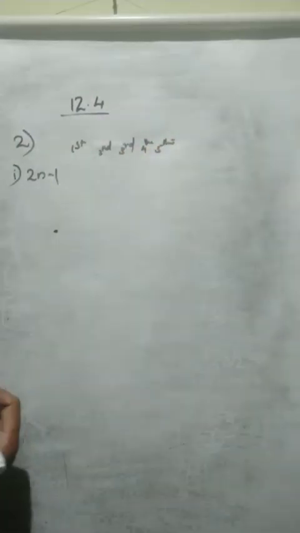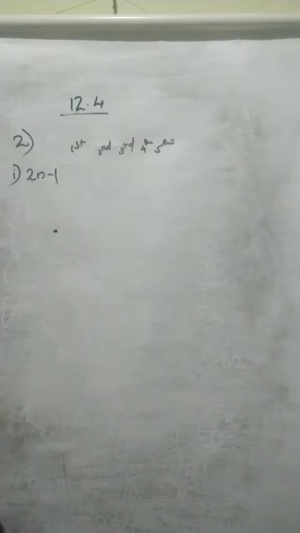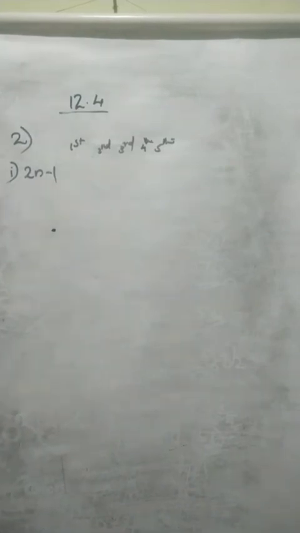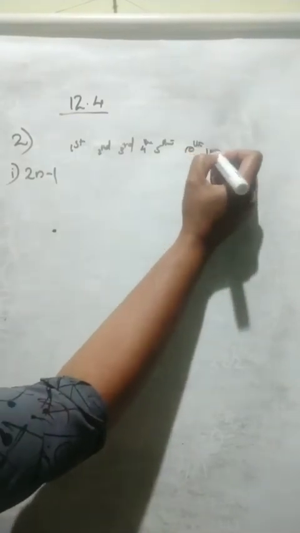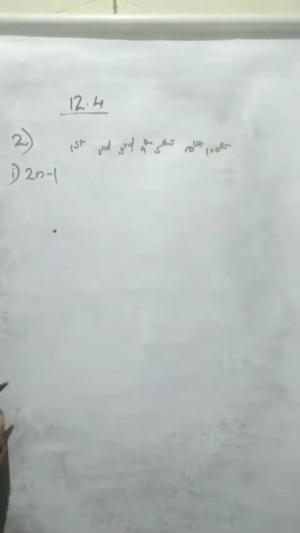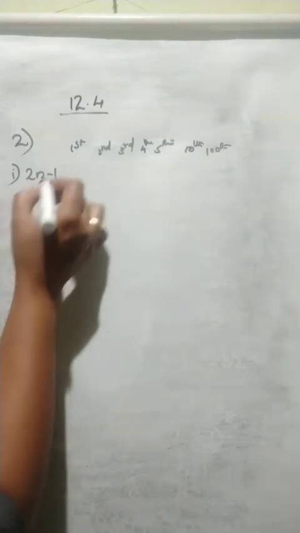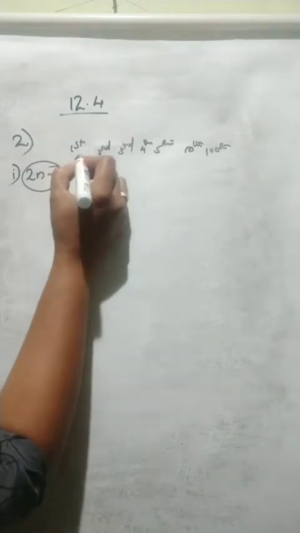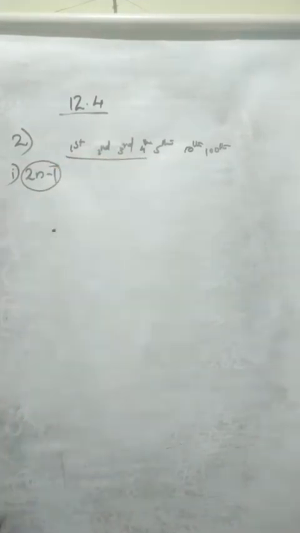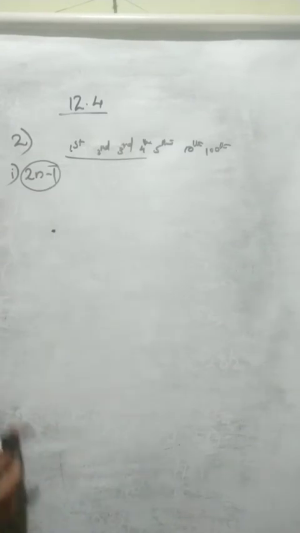Then in some places we have to find the 10th term, then 100th term and so on. Okay. So here the question is, the first equation is 2n minus 1. Then they found it up to the fourth term in the question.